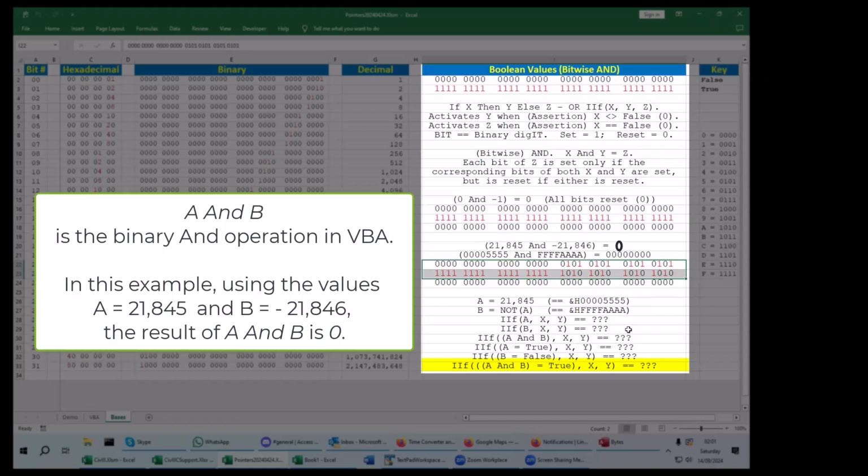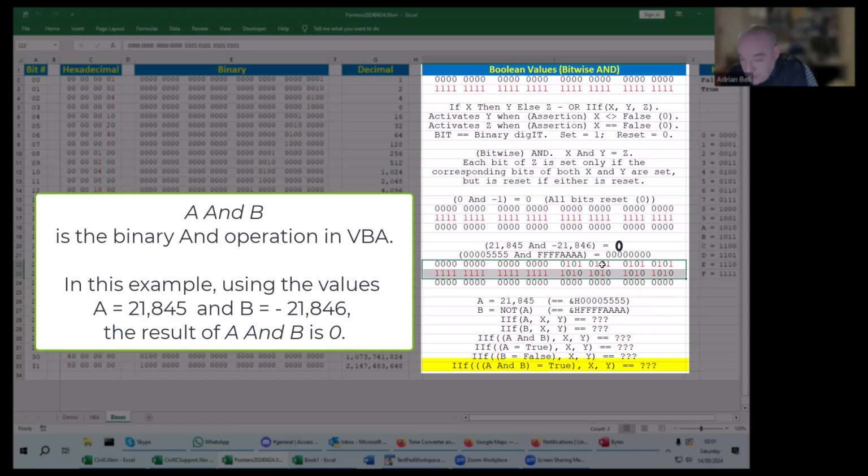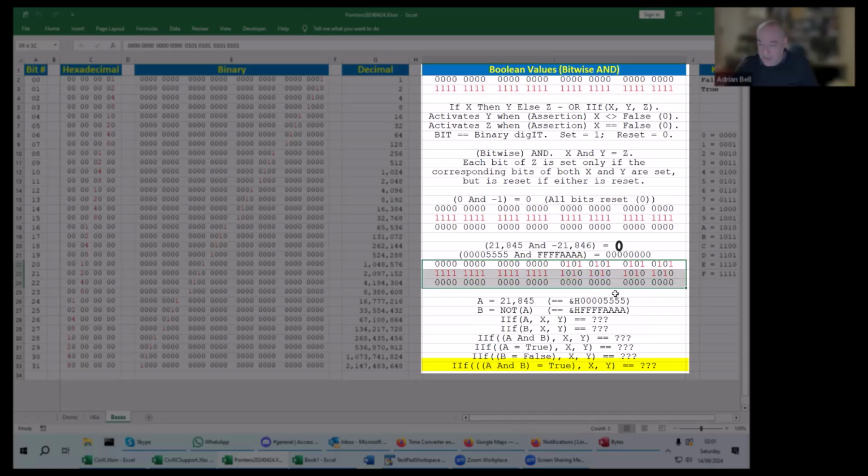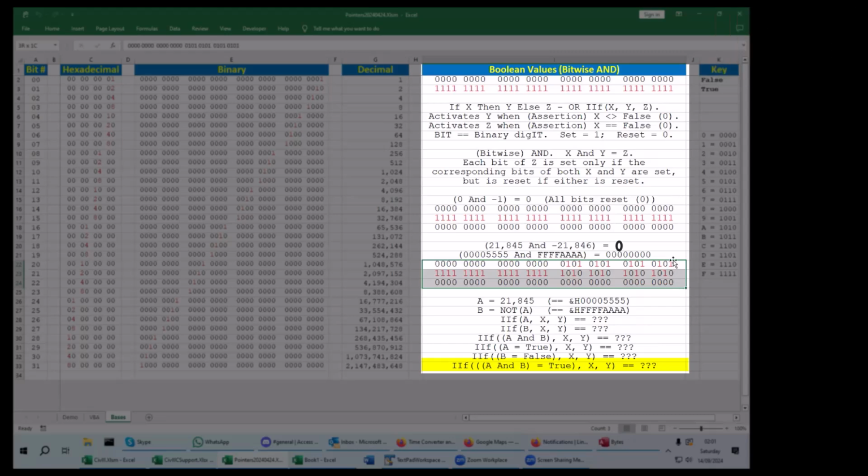These are the two binary values. If you add them together, do you get all ones? Let me say, no, you don't. You get all zeros, because to get a 1 in any column, both would need to be 1.